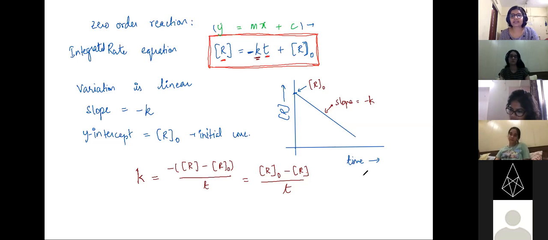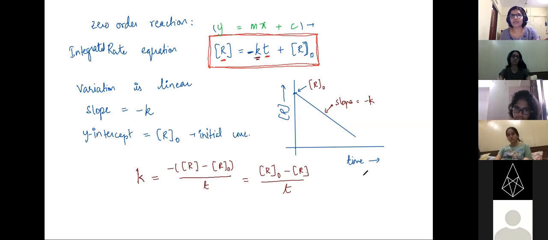So one case is enzyme catalyzed reactions, like those in living organisms. How are enzyme catalyzed reactions zero order? In enzyme catalyzed reactions, the reactions don't take place unless that particular enzyme is there, right?